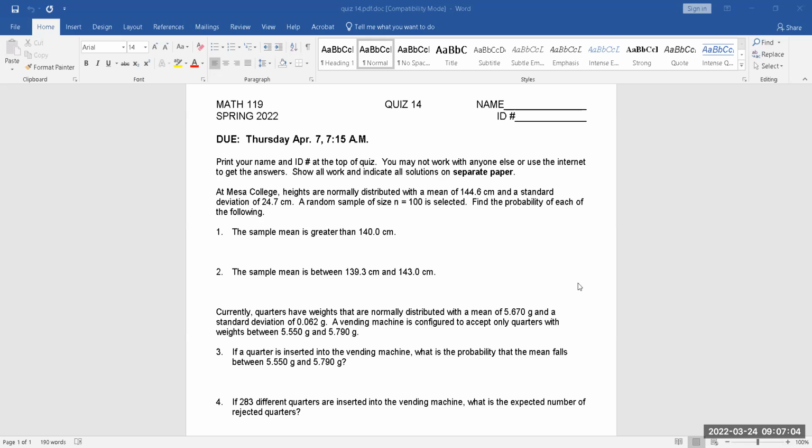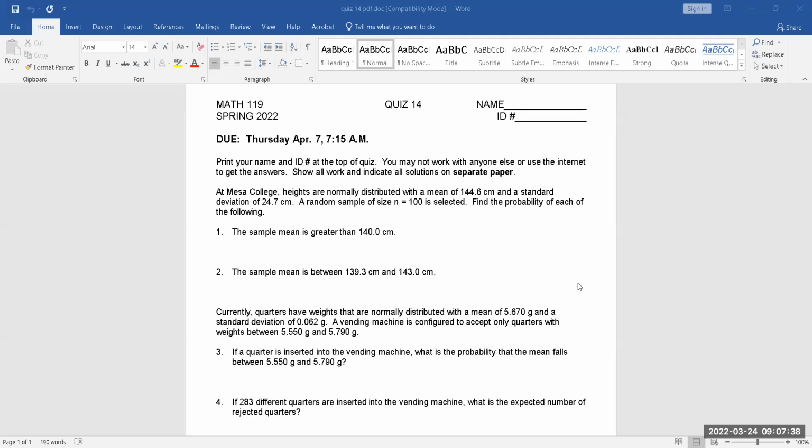139.3 actually equals just on this, the z. 144.6 over 24.7 over the square root. So when you do it on the calculator, parentheses here, parentheses here. So go open parentheses, 139.3, minus 144.6.